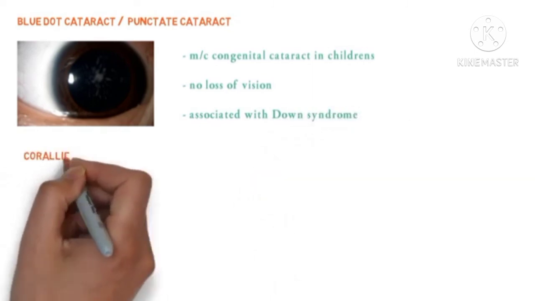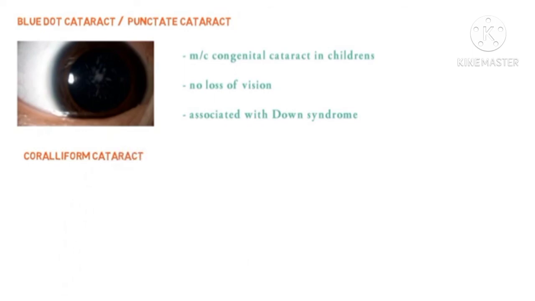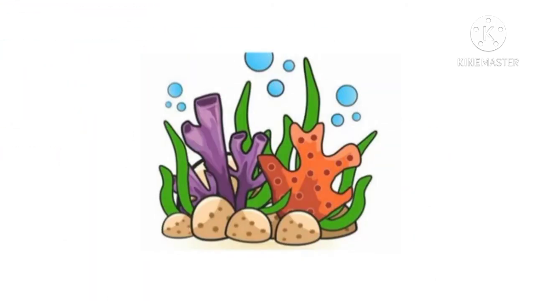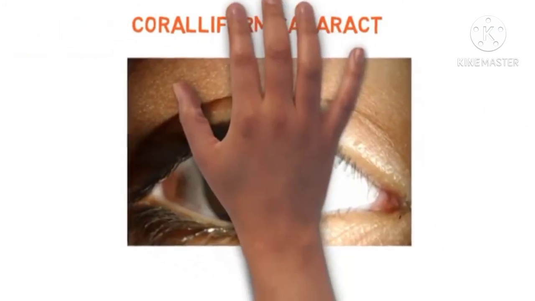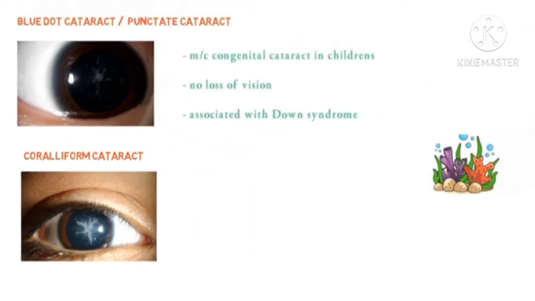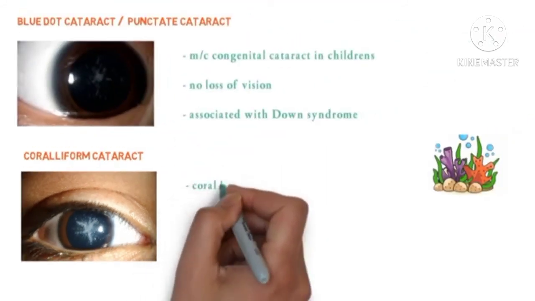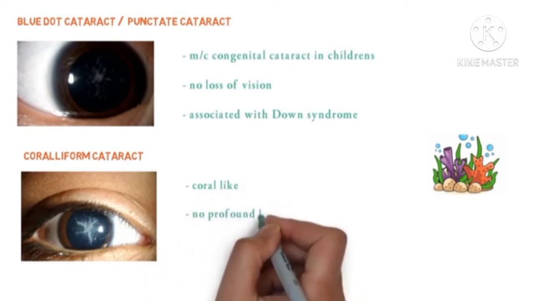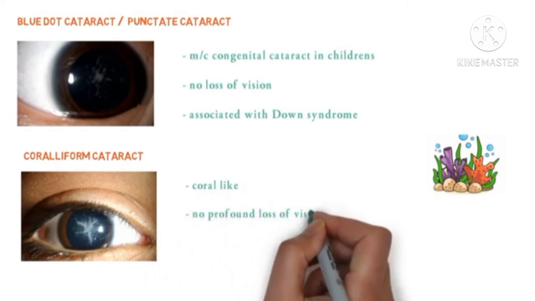Next, that is coralliform cataract. What is coral? Coral is found in oceans. And look over here. Here we have a structure giving an appearance resembling coral, right? And that's why it is called coralliform cataract. And there is no profound loss of vision.